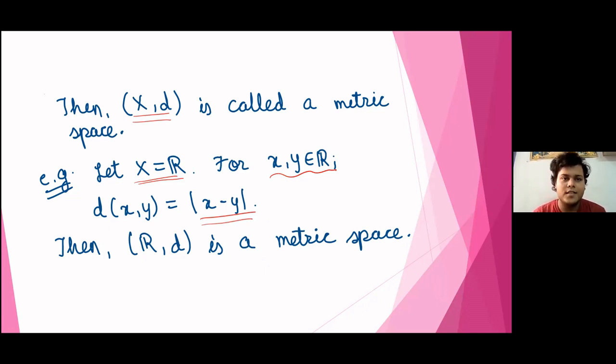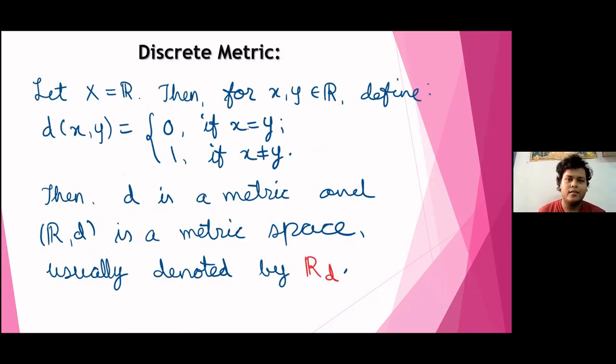So let us see the metric space that we need, namely the discrete metric. How do we define it? Suppose X is equal to R, the set of real numbers. Then for x, y in R, we define distance between x and y as 0 if x is equal to y, and 1 if x is different from y.